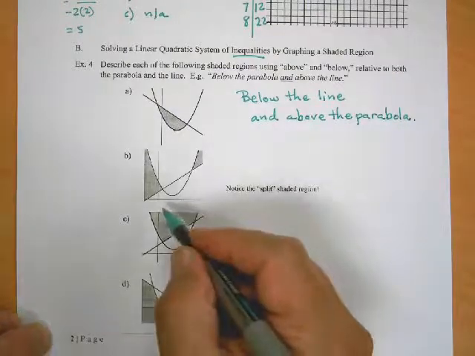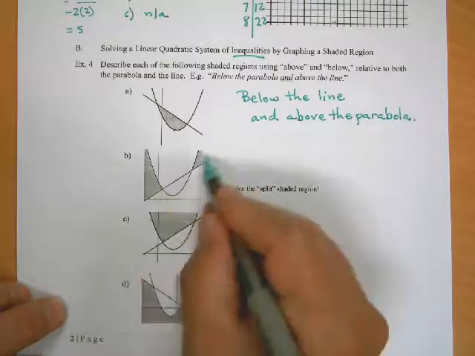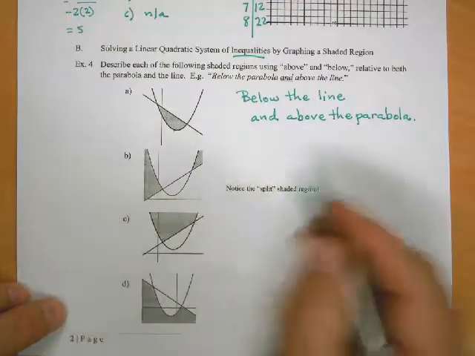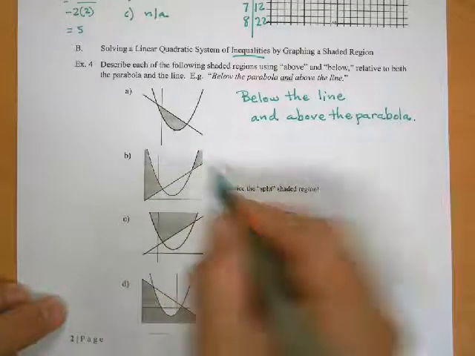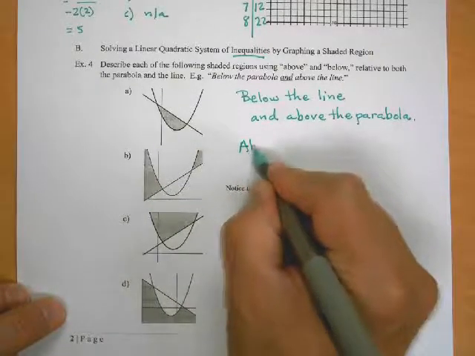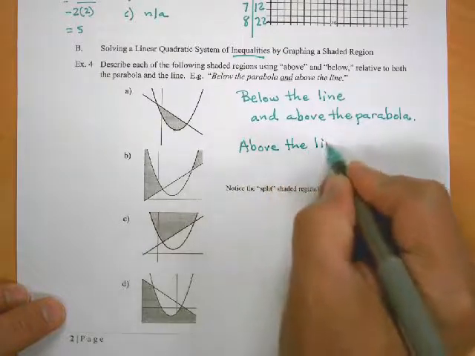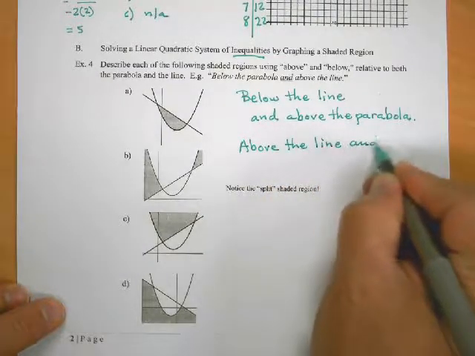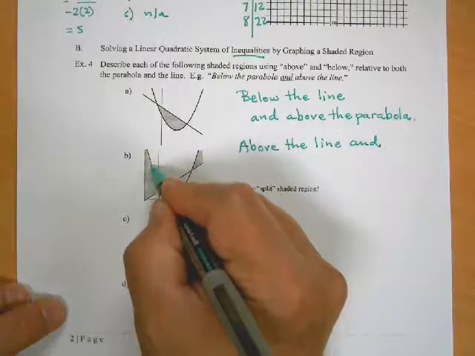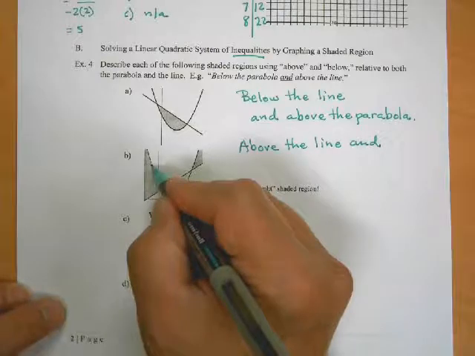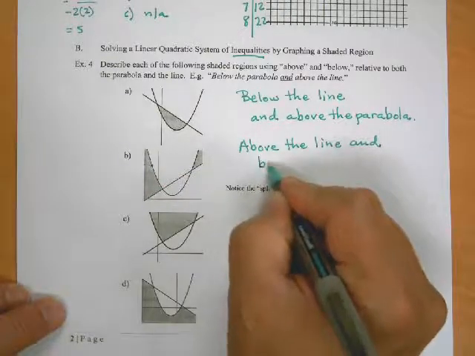Okay, this is probably the strangest graph that you'll see in this section, where it sort of looks like different parts of it are shaded. But you'll notice that this shaded region and that shaded region are both above the line. And once again, put your pen on the parabola and decide where you have to go to get to the shaded region. You'd have to go down. So this is below the parabola.